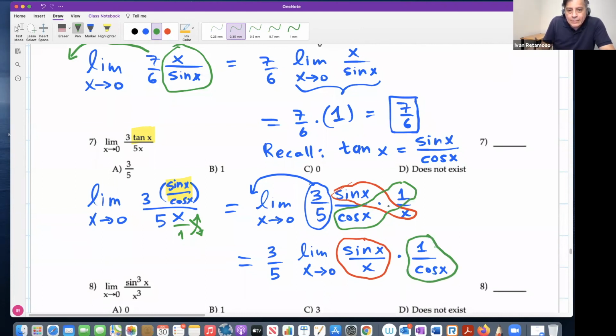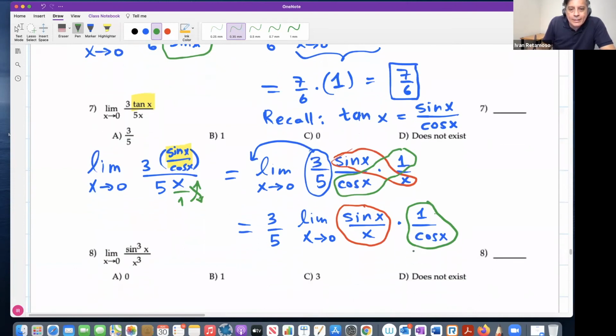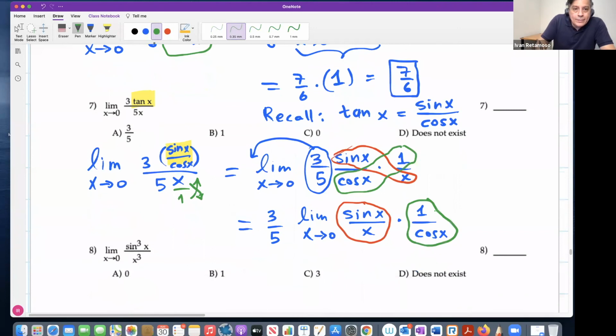This multiplication is the same as this. I'm just rewriting this in this form so that I can compute my limit. So then simply do this: 3 over 5 times the limit of sine of x over x, which is something that we know what is equal to, right? Times the limit as x approaches 0 of 1 over cosine of x.